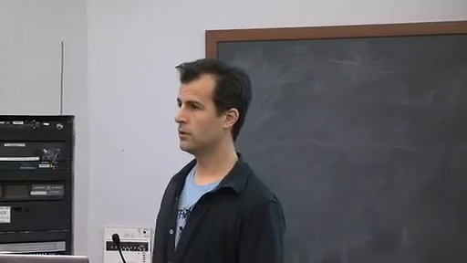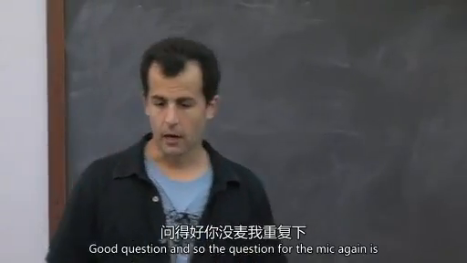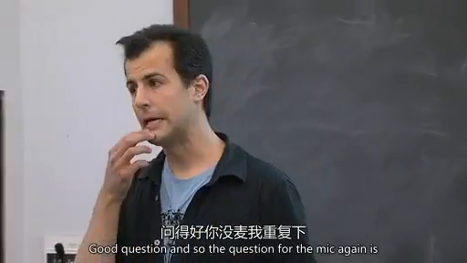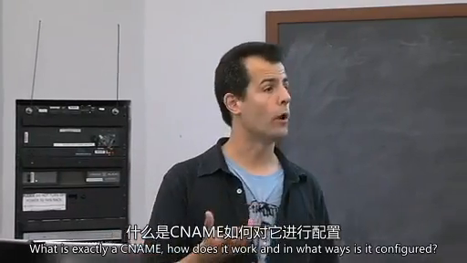Yeah? I'm a bit confused on the exact nature of the CNAME. I know what it is in principle, but I'm sketchy on the mechanics of it. Is it a text file or is it simply a notification on where you bought the domain name? Good question. So the question is, what is exactly a CNAME, how does it work, and in what way is it configured?